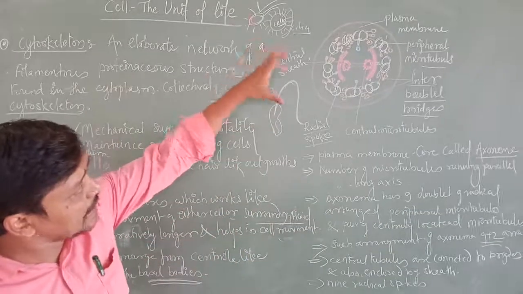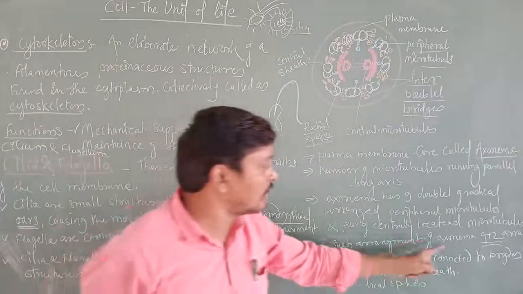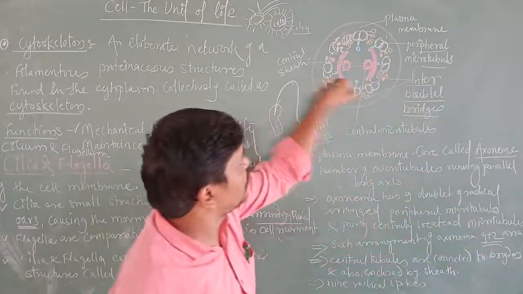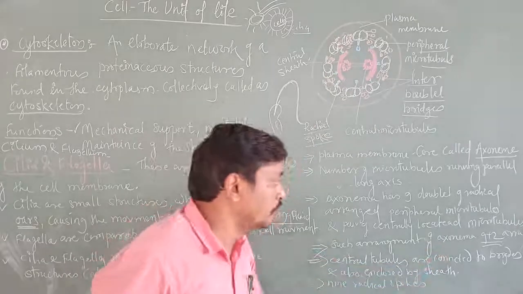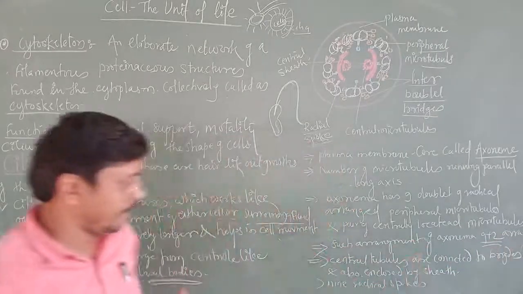In such an arrangement, you call it an axoneme 9 plus 2: outside 9 and central 2 array.